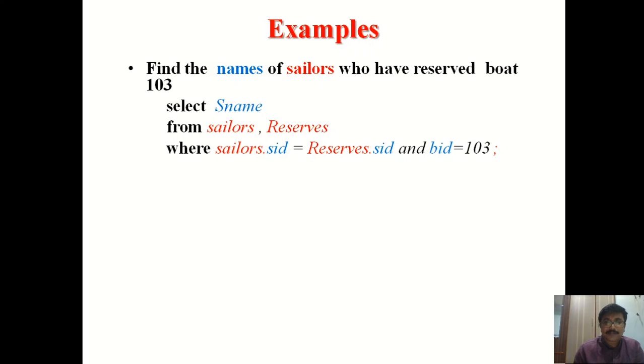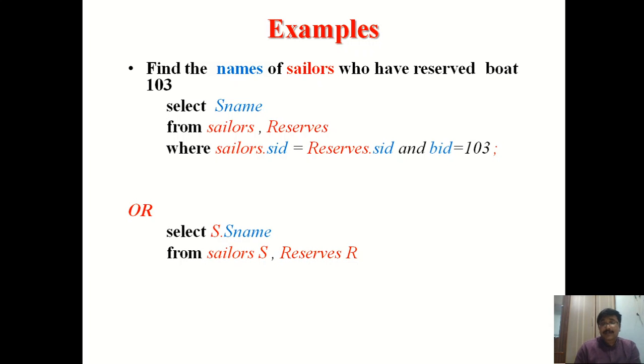We can write this query in another way: select S.sname from sailors S, reserves R where S.sid is equal to R.sid and R.bid is equal to 103. In this query we are simply using alias names.